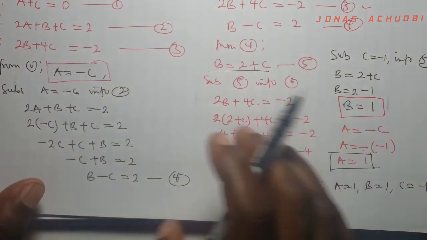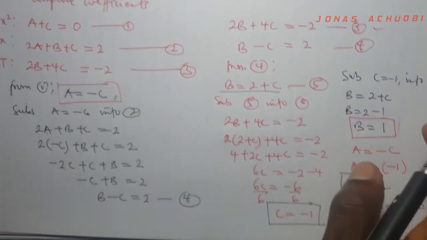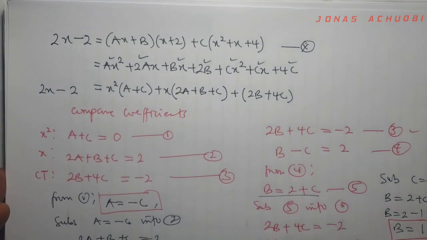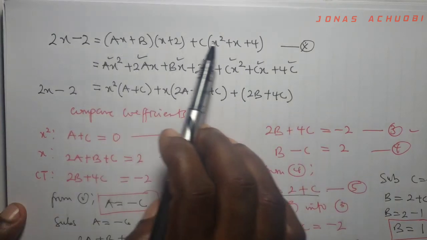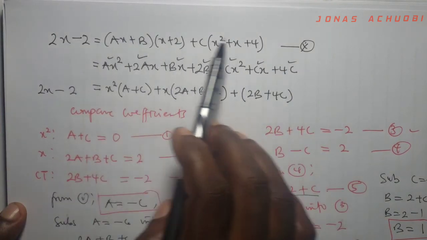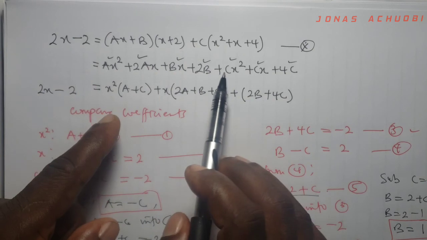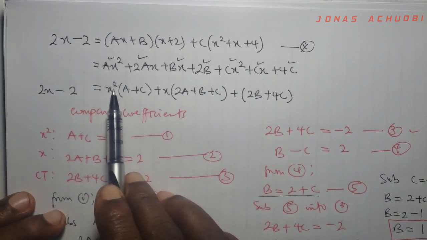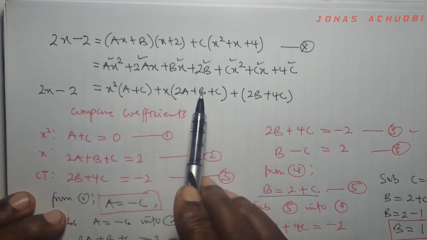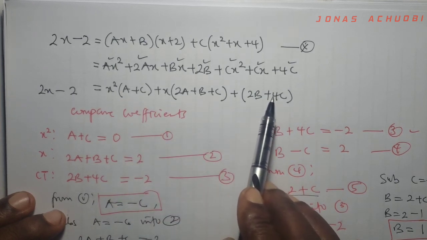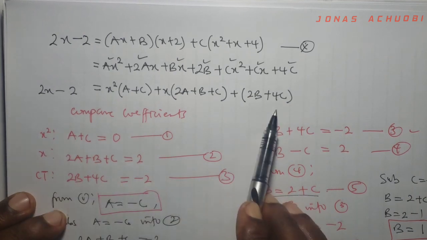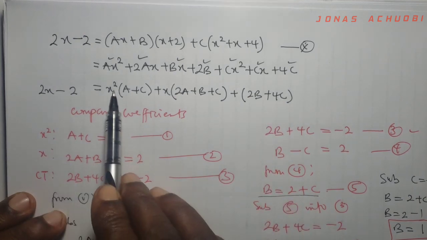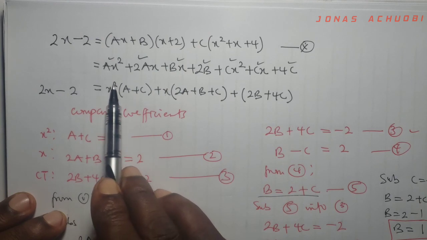Now just to wrap it up, what we have simply done with this method is this. We go back to equation star, we expand the right hand side of star. After doing that, you take the like terms in terms of power. So here we put the ones with degree 2 together, the ones with degree 1 together, and the ones without x at all, the constant terms, we put them together. We now compare the coefficients on the left and the right hand side. First, the coefficient of x squared on the right is a plus c.